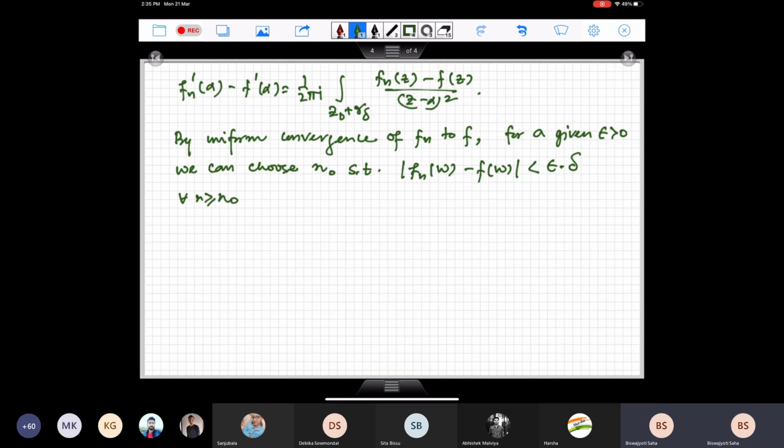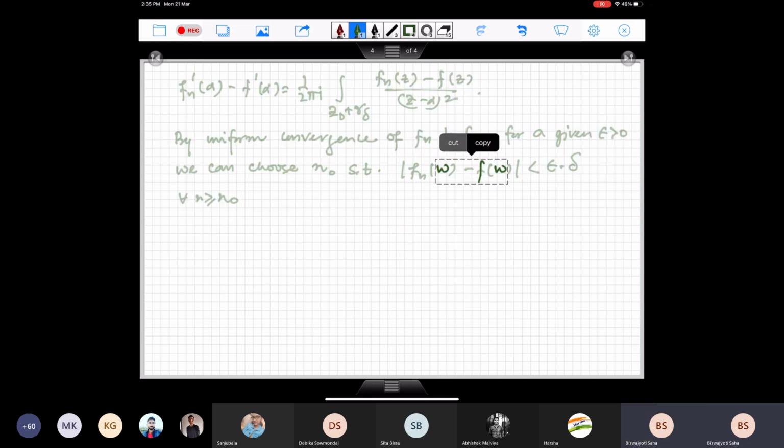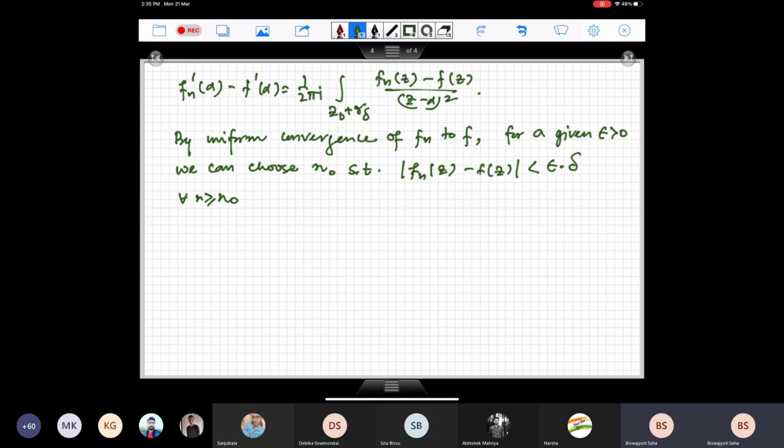In fact, I can do this for all the points, that is, Fn z minus F of z for all z. This is the estimate that I get.